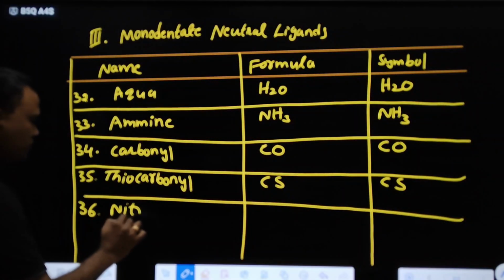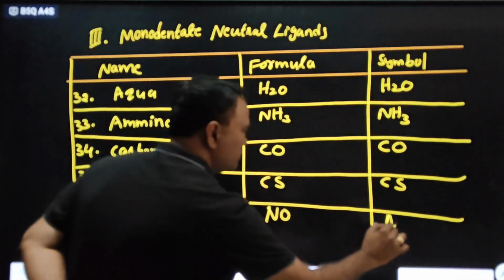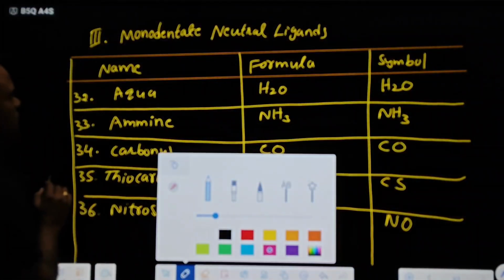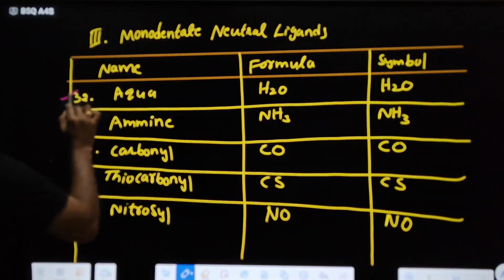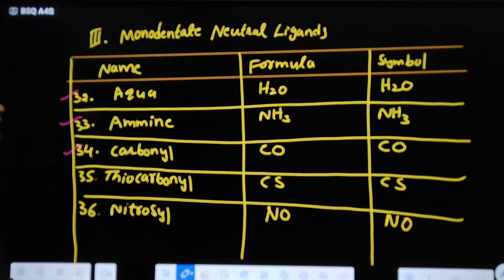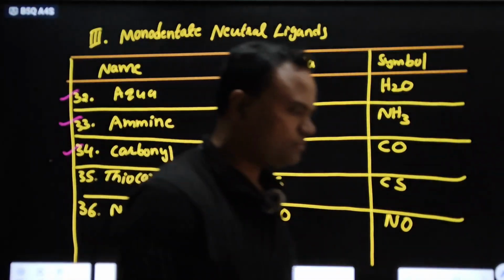36, nitrosyl, NO. I am giving a list of a few important ligands. Learn them only. First, learn these: aqua, amine, carbonyl. These ligands will come frequently. Okay, note down.